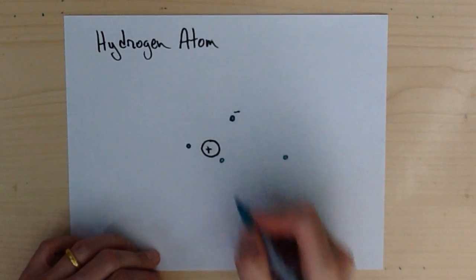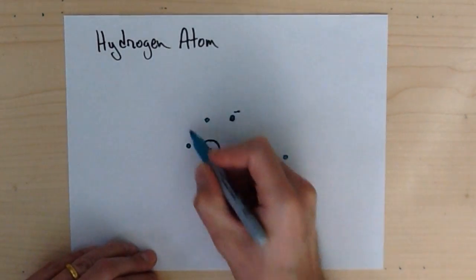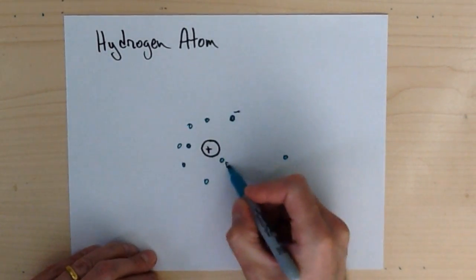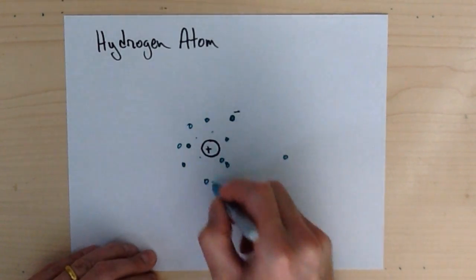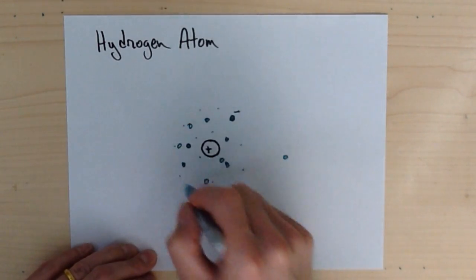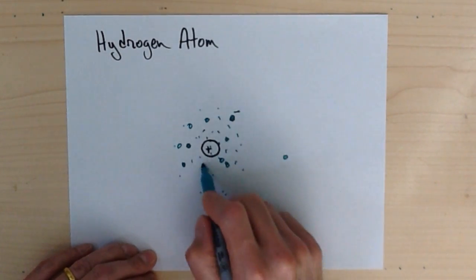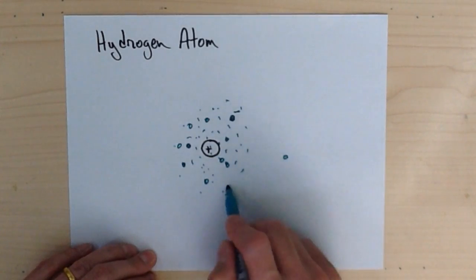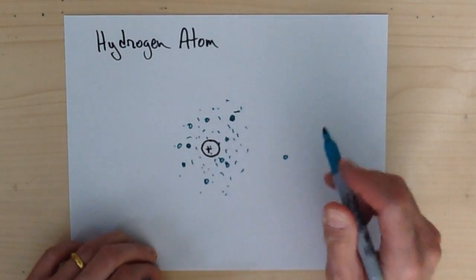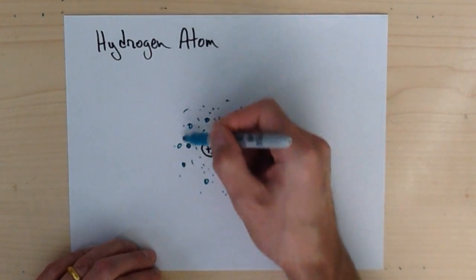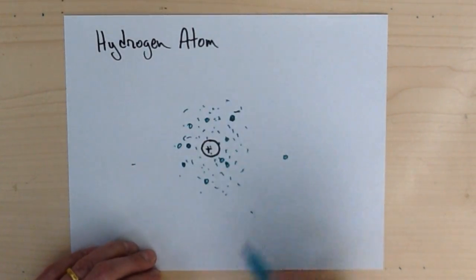And on Thursday, we might find it here, Friday here. And it turns out that if we look for that electron, it's going to appear at a different place each time we look, or potentially the same place, but there will be a whole bunch of places, and occasionally it'll be out here.